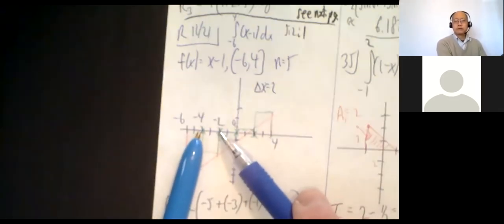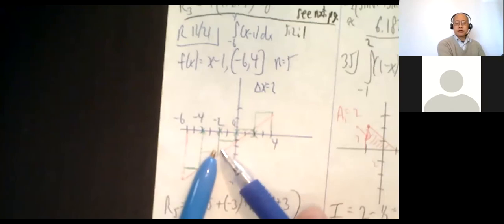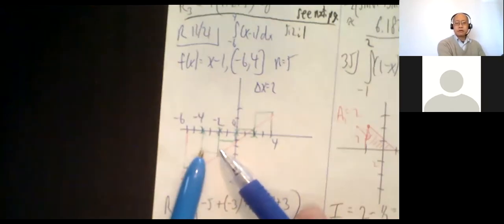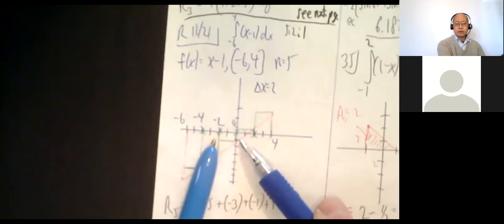-4 to -2. What's the right endpoint? -2. Go down until you touch the graph, draw a rectangle. -2 to 0, right endpoint, 0. Go down, draw a rectangle.